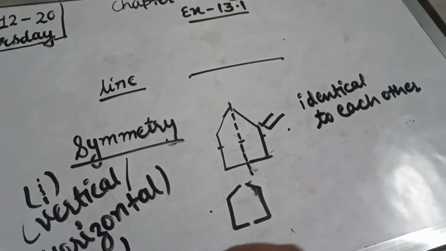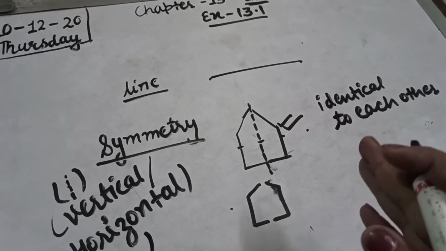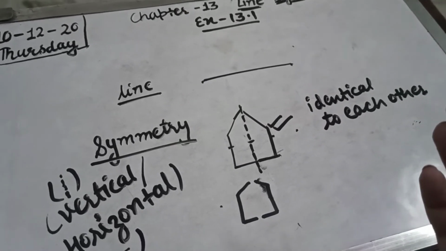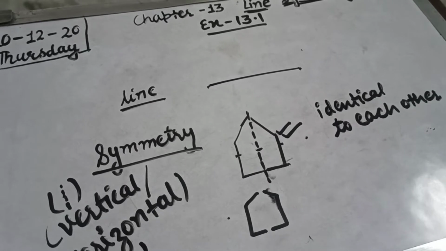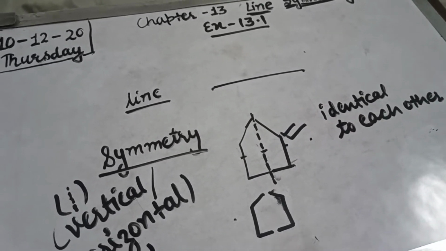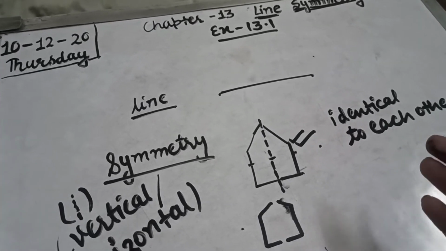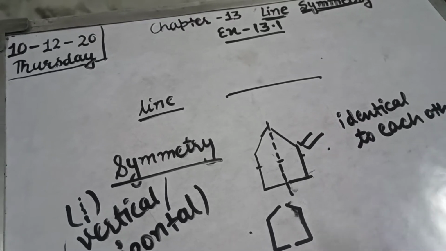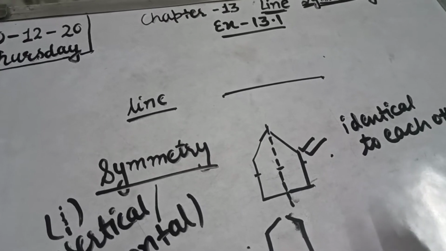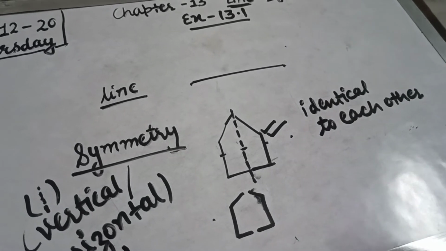Like when you are standing in front of the mirror, there is a difference: when you raise your left hand, the mirror shows you raising your right hand, right? But if you are standing straight, you are identical to each other, same to same. If you are not moving your body, you are standing straight in front of the mirror, then you are identical to each other, same to same.